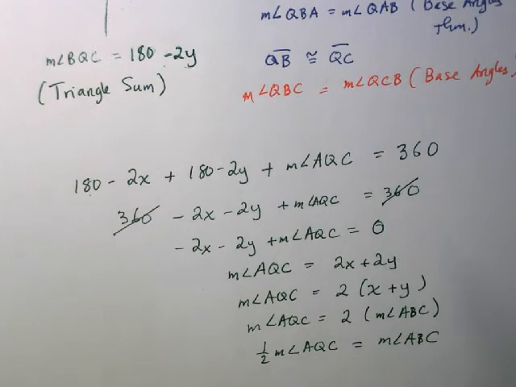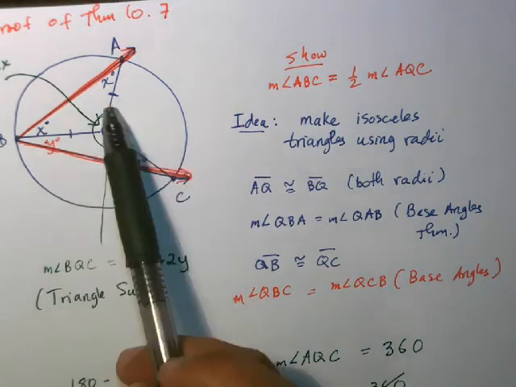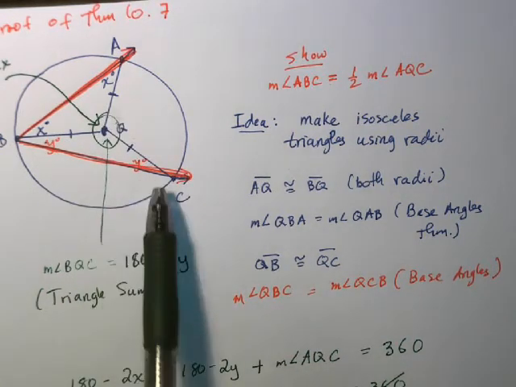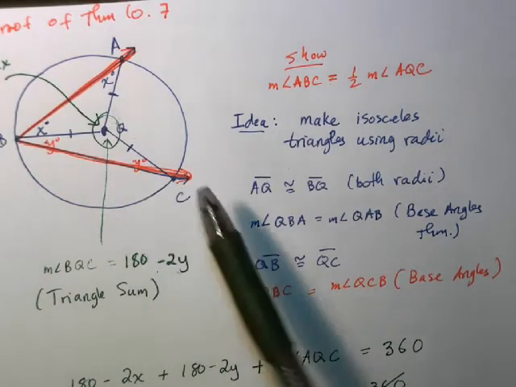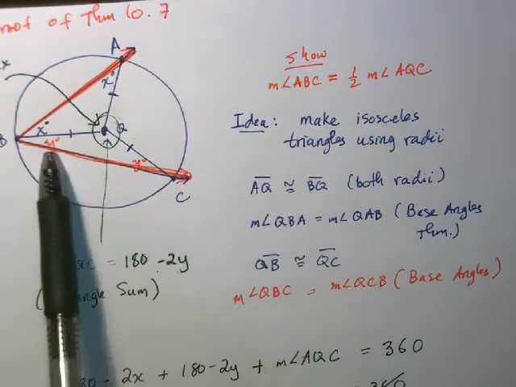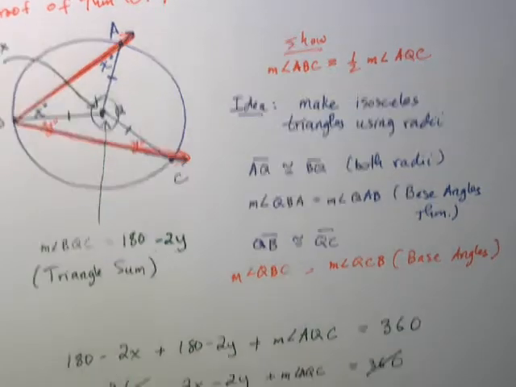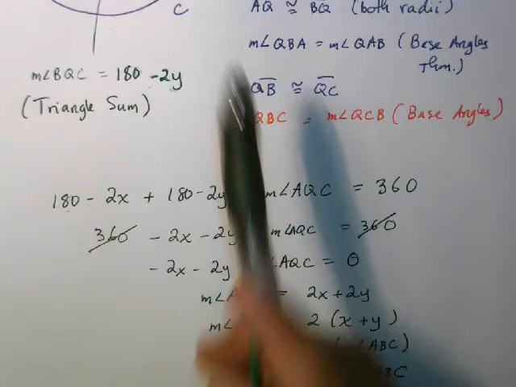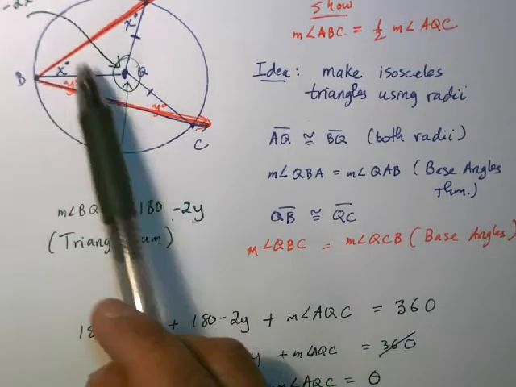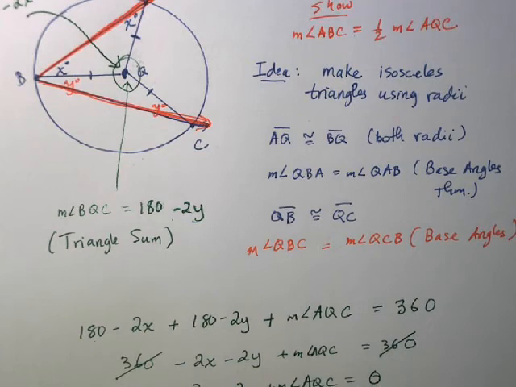Okay. Now, this proof is really lengthy, but I want to show you kind of a big picture of this. What did we really do? We made some isosceles triangles with these radii, and then labeled these angles x and y, and we're not even solving for this. We're just working through and using variables to represent this. And just by using those variables, we can demonstrate that this angle here, ABC, is equal to x plus y.